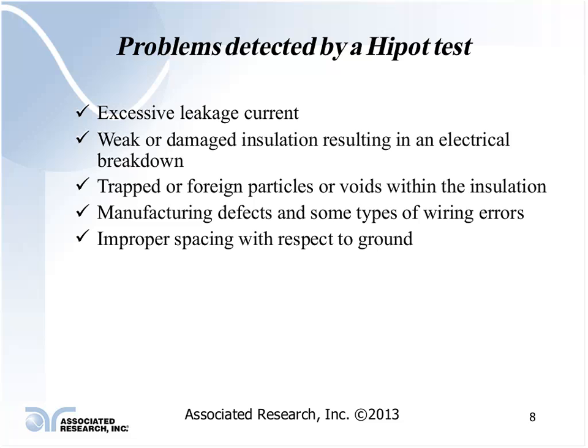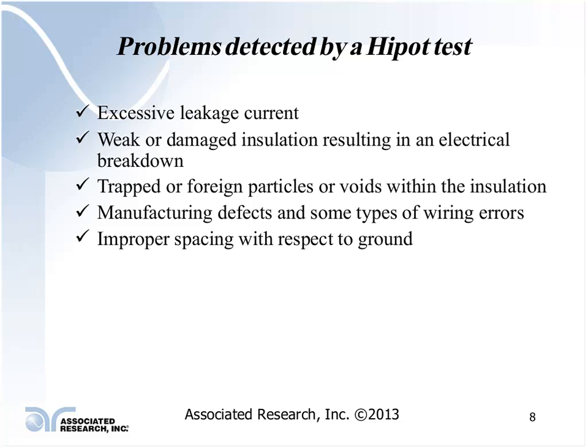Some types of manufacturing defects, some types of wiring errors. If you reverse a hot and a ground wire, or a neutral and a ground wire, and you do a Hipot test, it's going to fail because you are testing either one of those two circuits to ground.